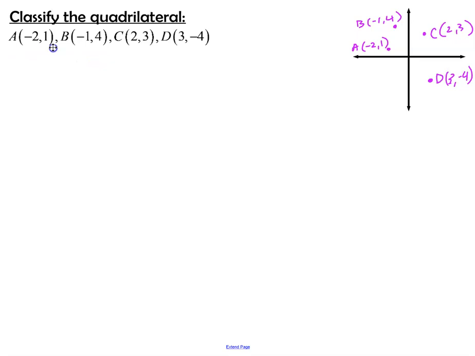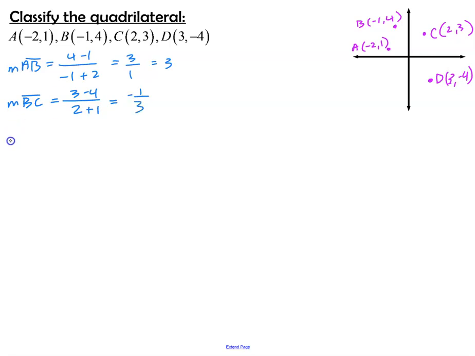And then we're going to go ahead and start by doing our parallelogram check. So that's the slope of all 4 sides. So first, AB, we're going to have 4 minus 1 over -1 plus 2, which gives us 3 over 1, which simplifies to just 3. Side BC will have 3 minus 4 over 2 plus 1, which is -1 over 3, and that's already simplified.